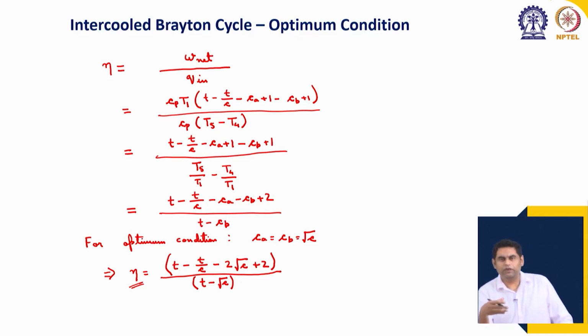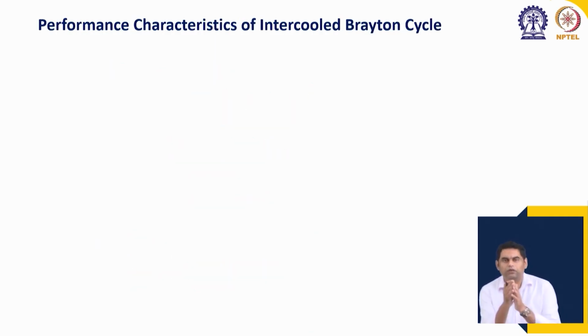So, from now onward, unless otherwise mentioned, we will assume that the analysis for intercooled cycle is always done at optimum condition for the intercooler. Okay. So, now let us try to compare the performance characteristics for this optimum intercooled cycle with all the previous cycles. We will try to understand how the performance characteristics vary in this case and how it is different from the other cases.